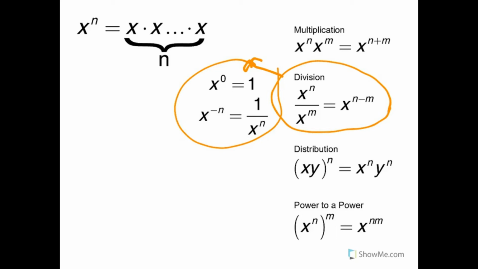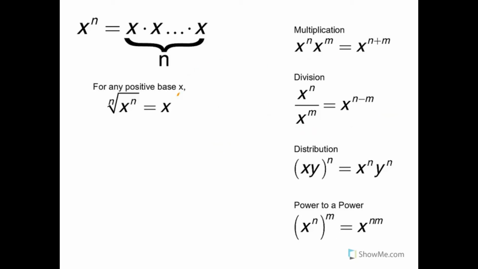Well, if we want to write a root as an exponent, we need the exponent to do the job that the root does. The job that the root does is taking an exponential expression, x to the n, and when we take the nth root of that expression, we get back to x, or x to the 1 power.